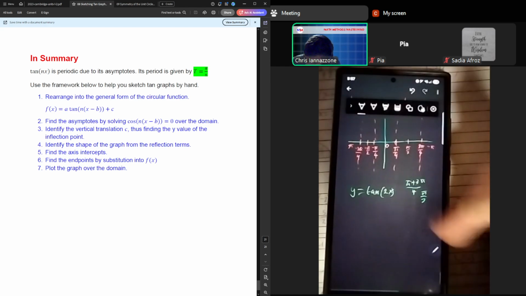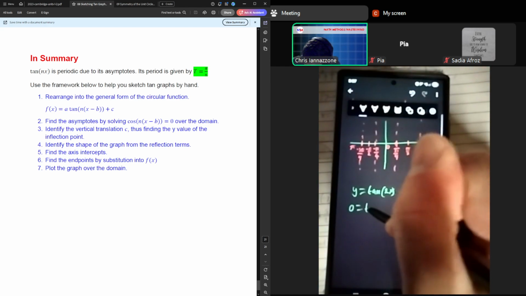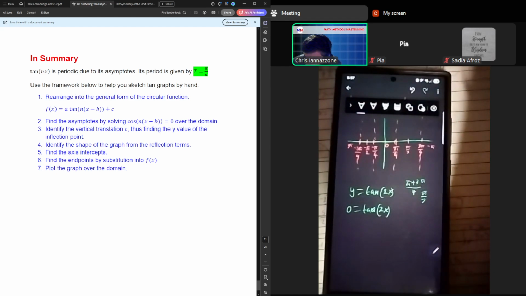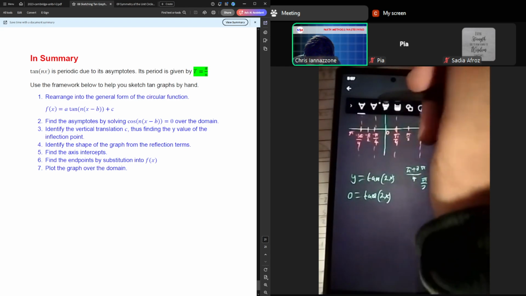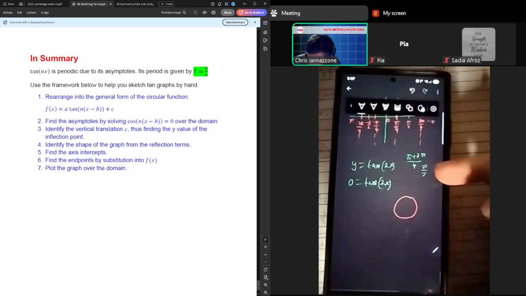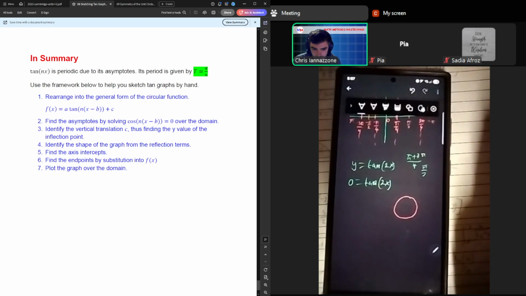The y equals 0 approach just means we have 0 equals tan 2x, and you just need to figure out where tan equals 0. So on the unit circle, where does tan become 0? Zero is one of them, yep.